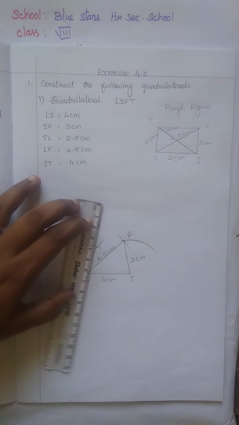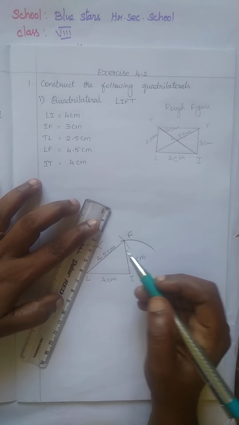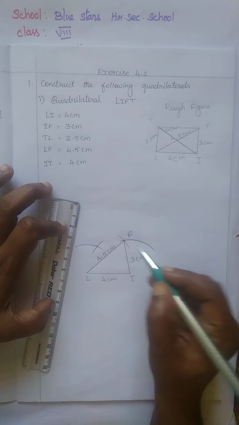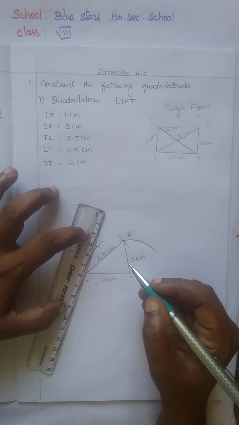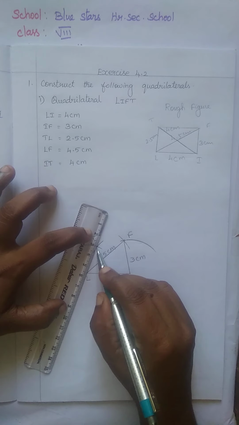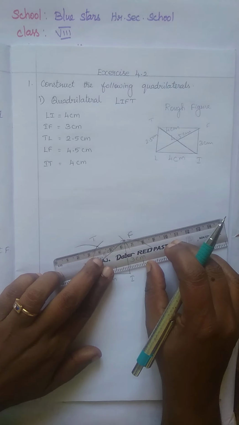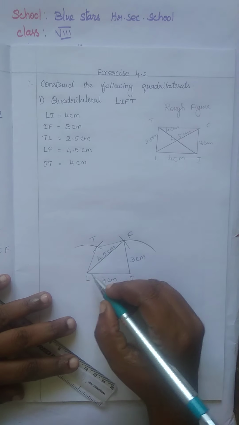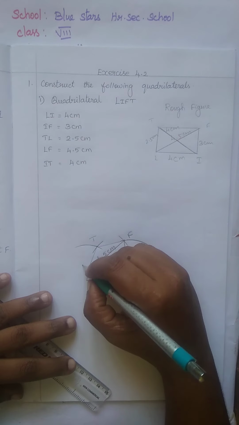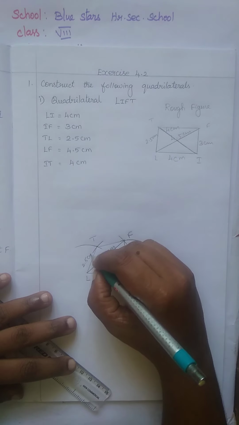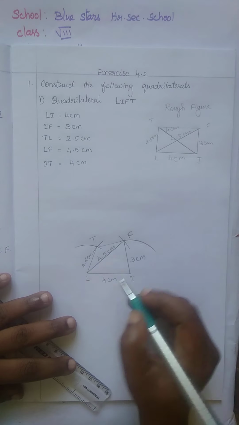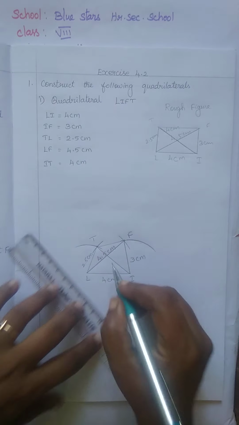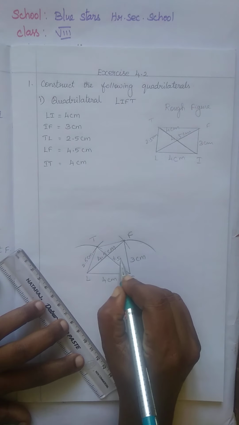Now I am going to join L, T. Write the length of LT: 2.5 centimeter. This is the diagonal; here write 4.5 centimeter. Clear?